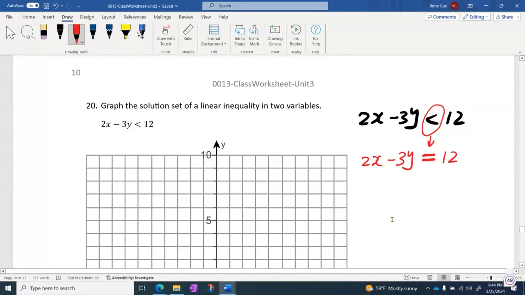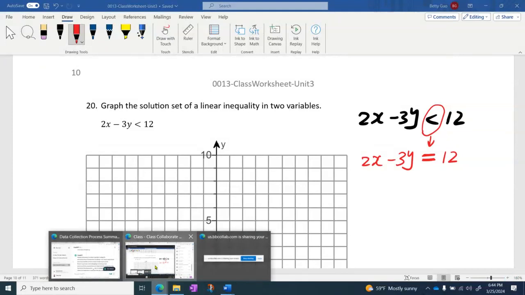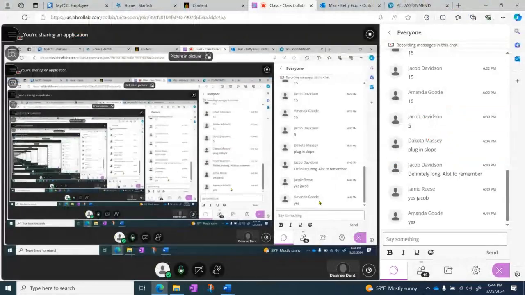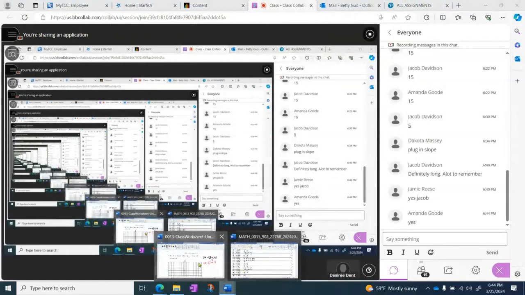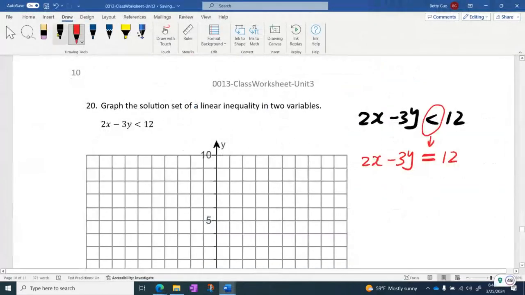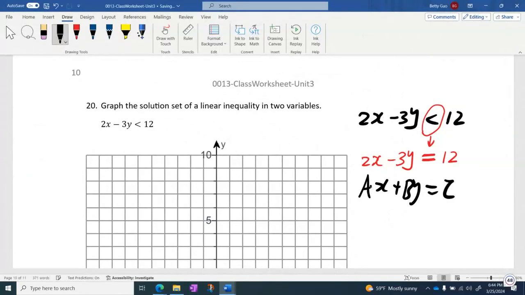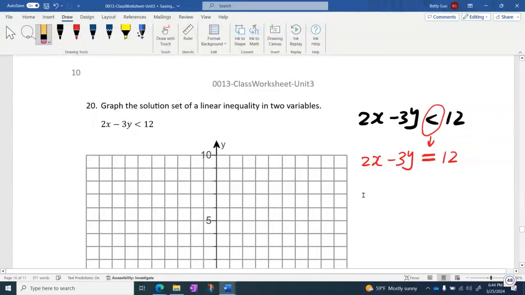Let me repeat what we have done, okay? So you might have your answer. Yes, thank you, Amanda. It is in standard form, right? It is exactly in standard form, Ax plus By equals C. Yes, it is a linear equation in two variables. It's a straight line.